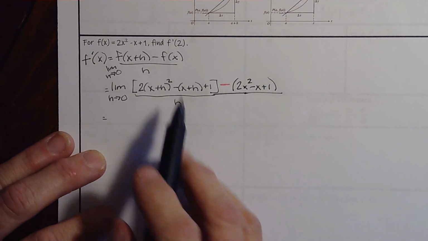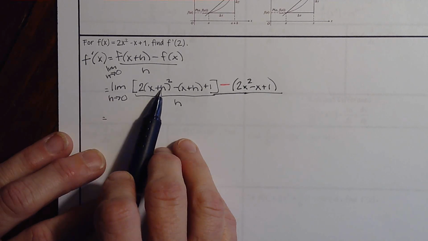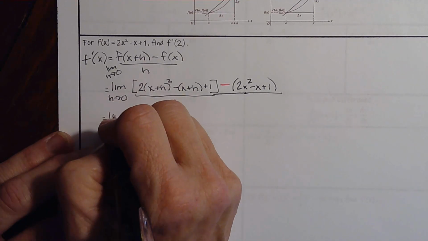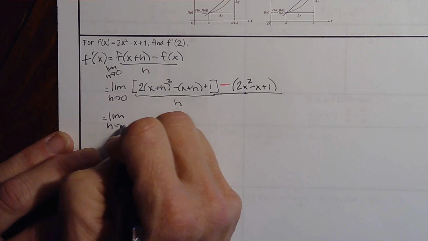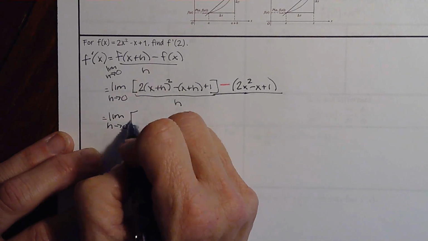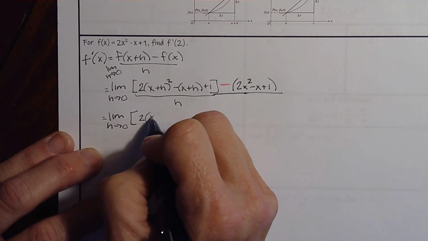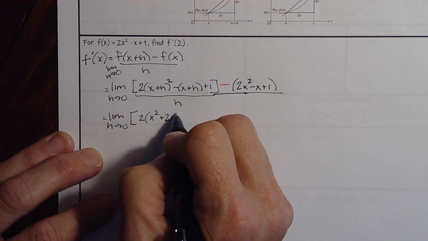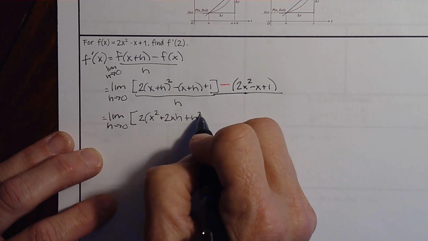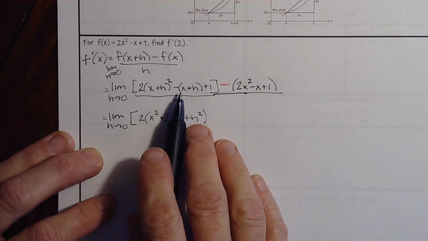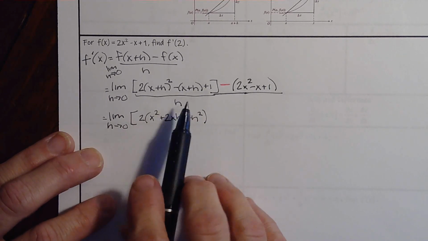So, okay, I've got to square x plus h. So what I have is the limit as h approaches 0 of 2 times x squared plus 2xh plus h squared. And here's where this gets some people.